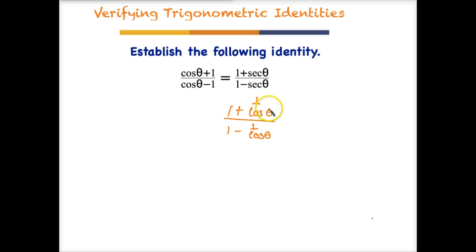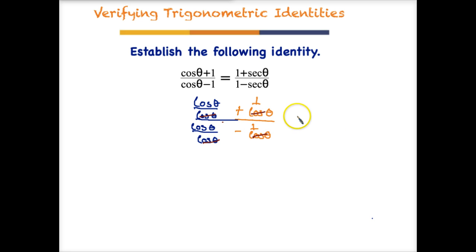Now I have a situation where I need to combine and make one fraction for the numerator and one for the denominator. So instead of writing 1, I'm going to write 1 as cosine theta over cosine theta. Now that I've replaced my 1's with cosine theta over cosine theta for both the numerator and the denominator, I can now cancel out all my denominators because they are all the same.